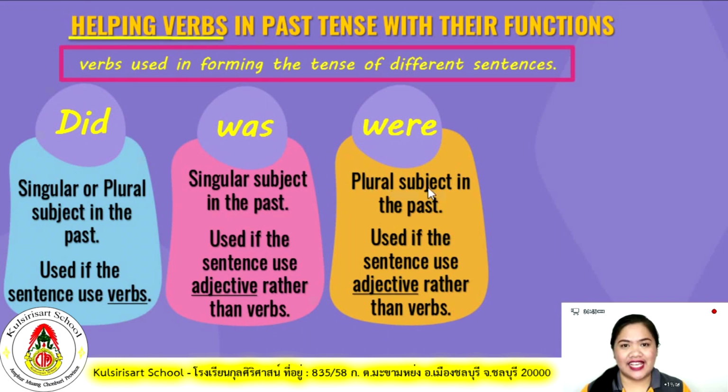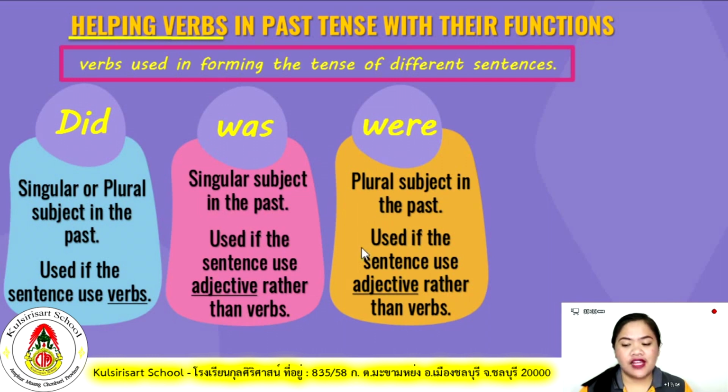Plural subject in the past. We only use were if the subject in the past sentence is plural. Again, when we say plural, it means many, or two or more.